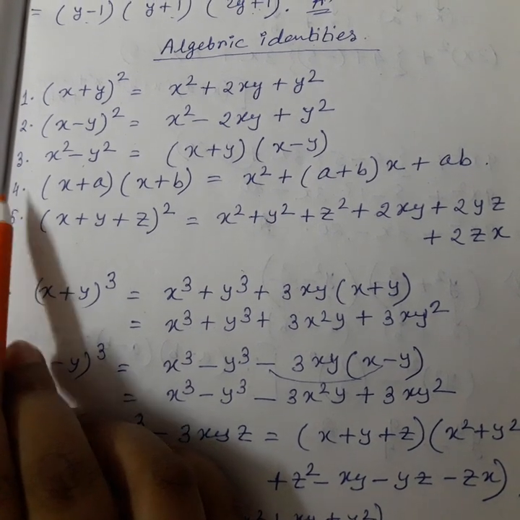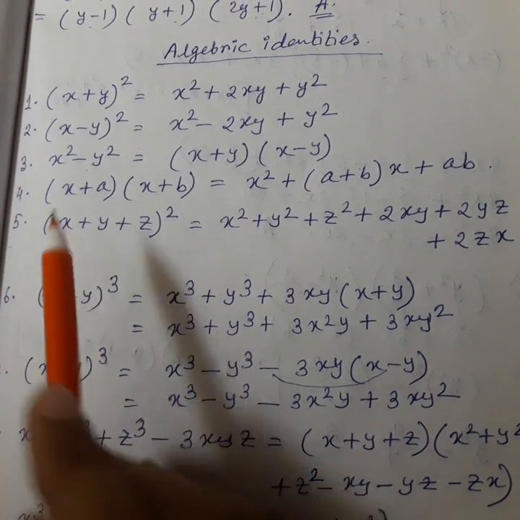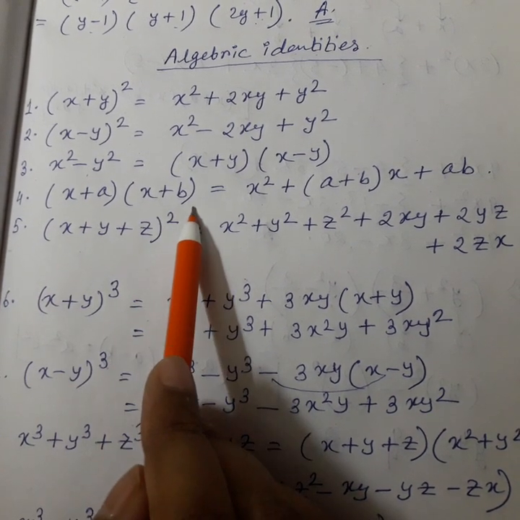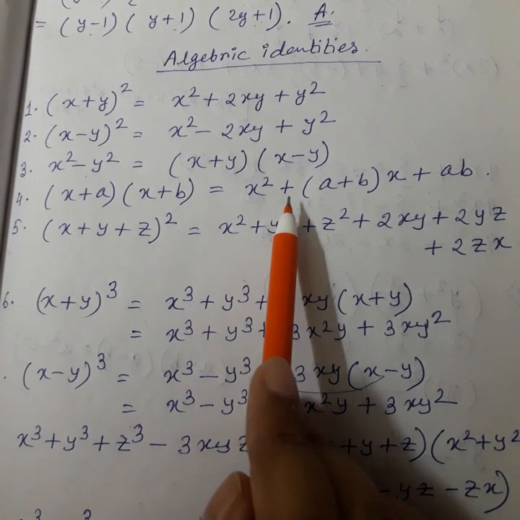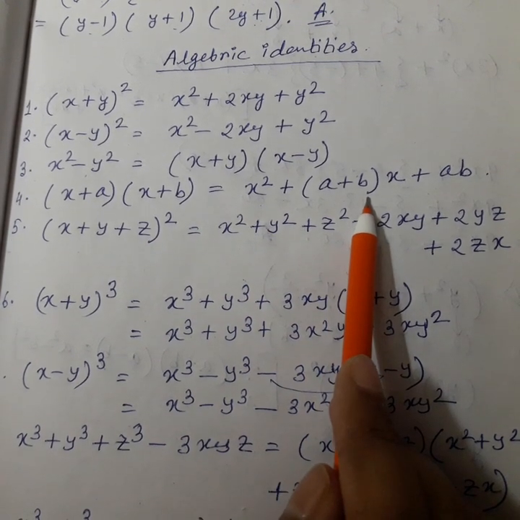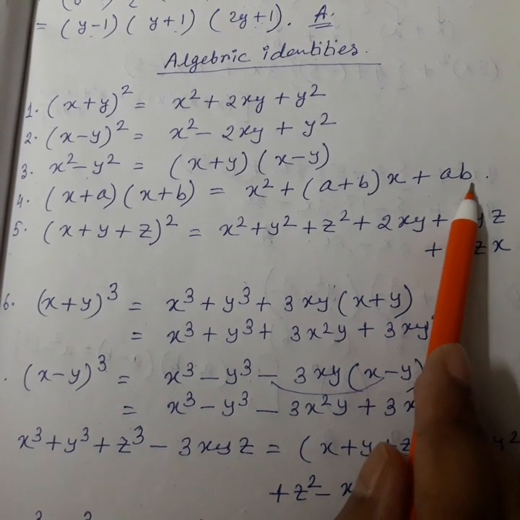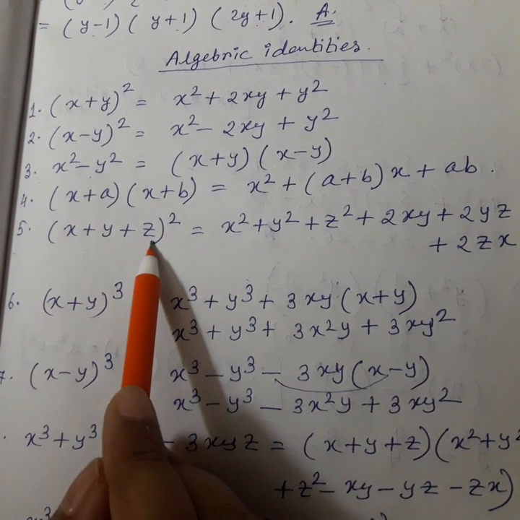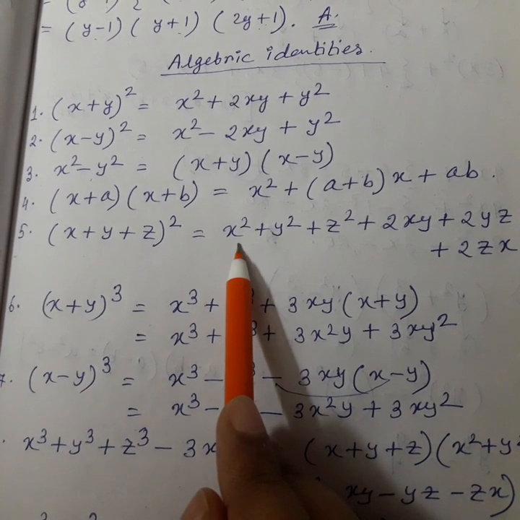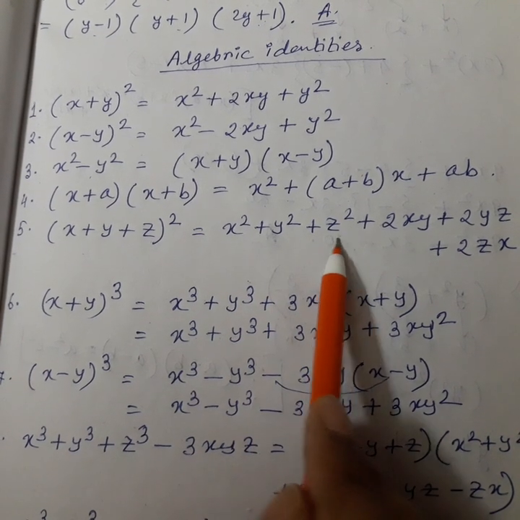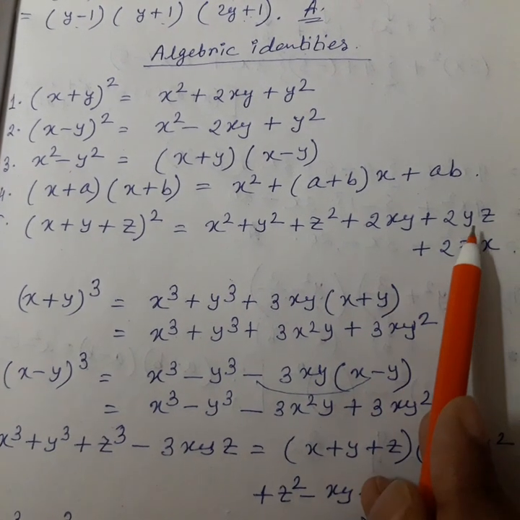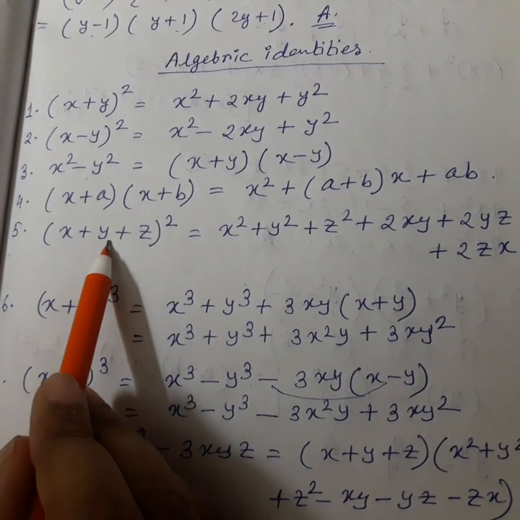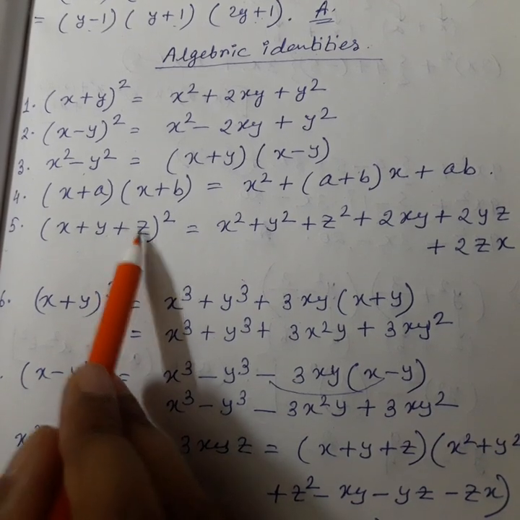Now number 4 is new, so you have to remember it. x plus a into x plus b equals x square plus a plus b within bracket into x plus ab. Next is x plus y plus z whole square equals x square plus y square plus z square plus 2xy plus 2yz plus 2zx. How will you remember? xy, yz, zx.